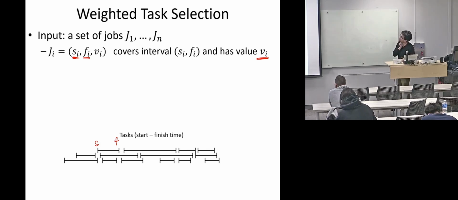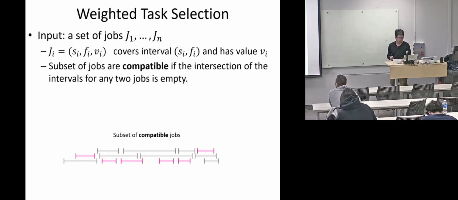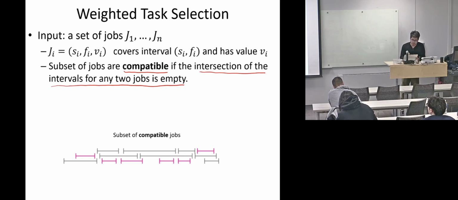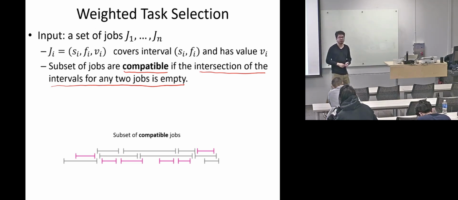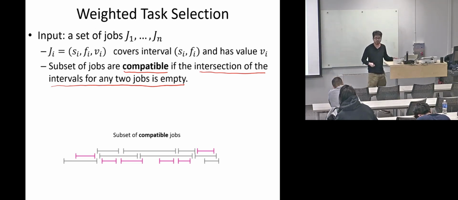What we want to do is find a subset of compatible jobs, or intervals, such that they are disjoint. I say that they are compatible if the intersection of the intervals is empty. That is, they are disjoint, like these pink ones, they don't overlap. We want this kind of set of jobs.